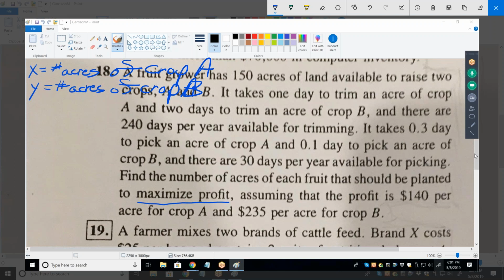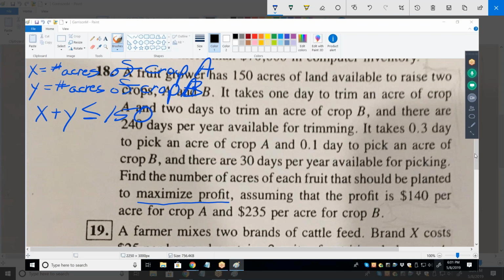So X plus Y is less than or equal to 150. That's one constraint.